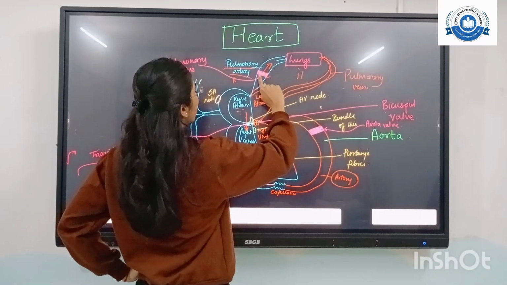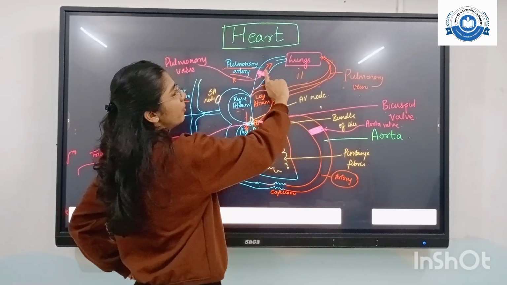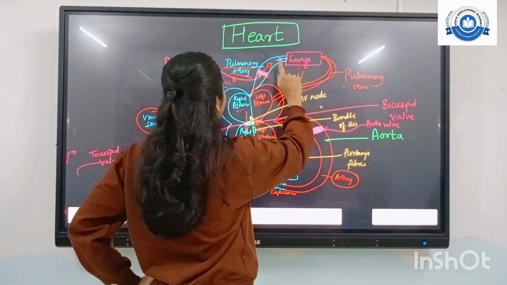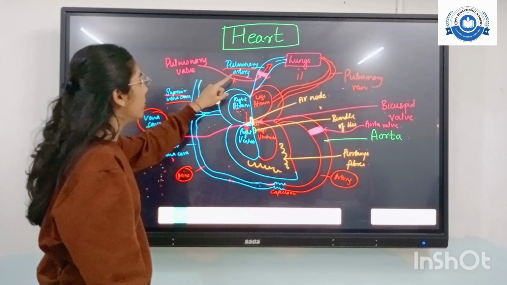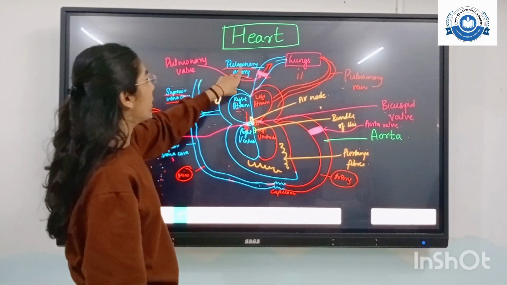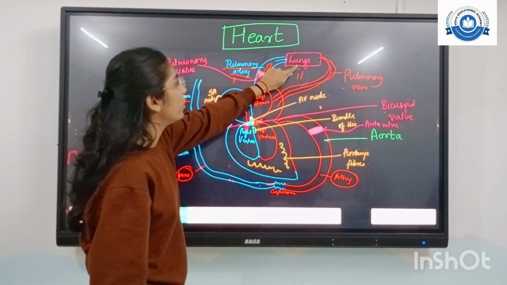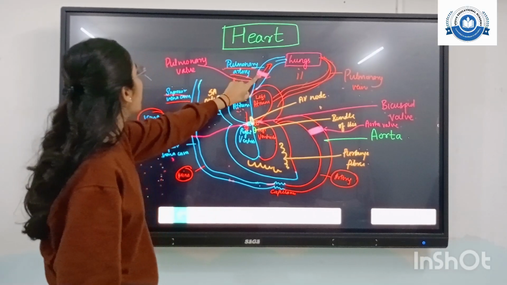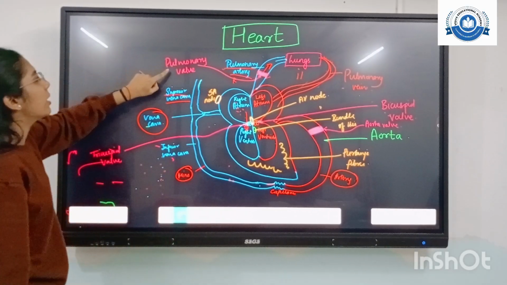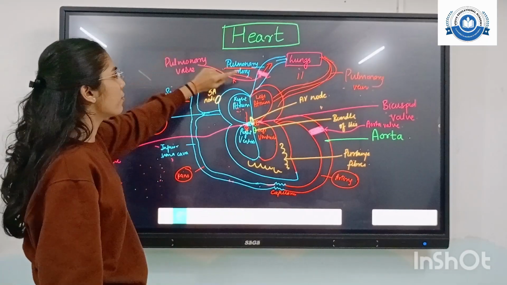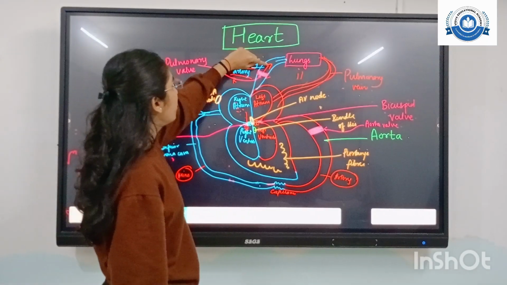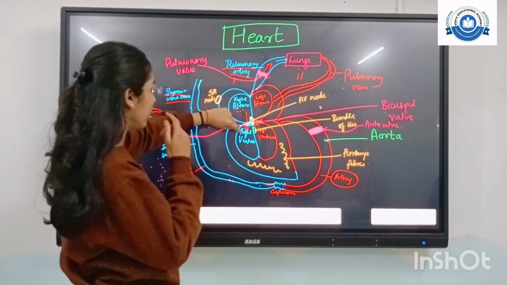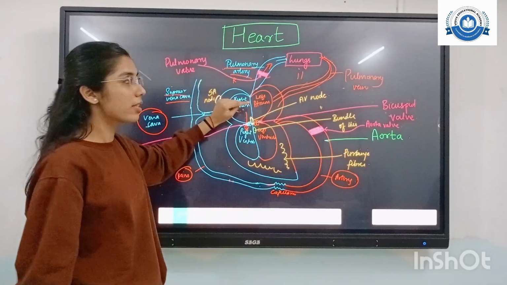When the deoxygenated blood goes into the lungs, it goes through the pulmonary artery. So from the pulmonary artery it goes into the lungs. Here also we have one valve which is called the pulmonary valve. Its function is also the same, that it doesn't allow the blood to go backward to the right ventricle from where it has come.